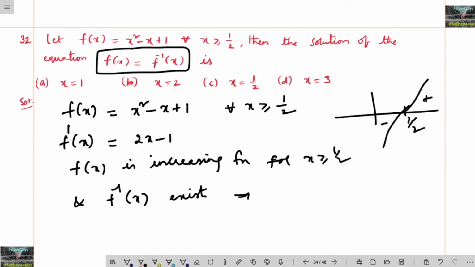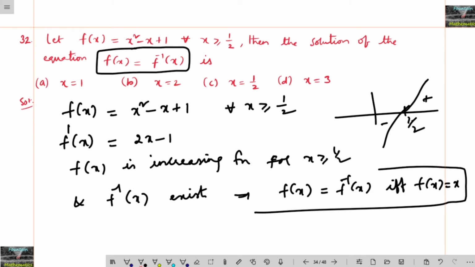So we have the property f of x is equal to f inverse of x if and only if f of x is equal to x. So this is one important point we have to note. Since f of x is an increasing function for any value of x greater than or equal to half, and f inverse exists, f of x is equal to f inverse of x is possible if and only if f of x is equal to x.